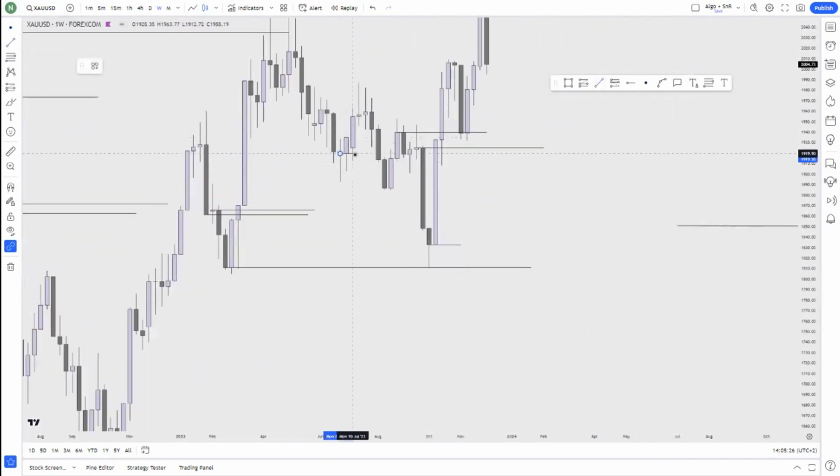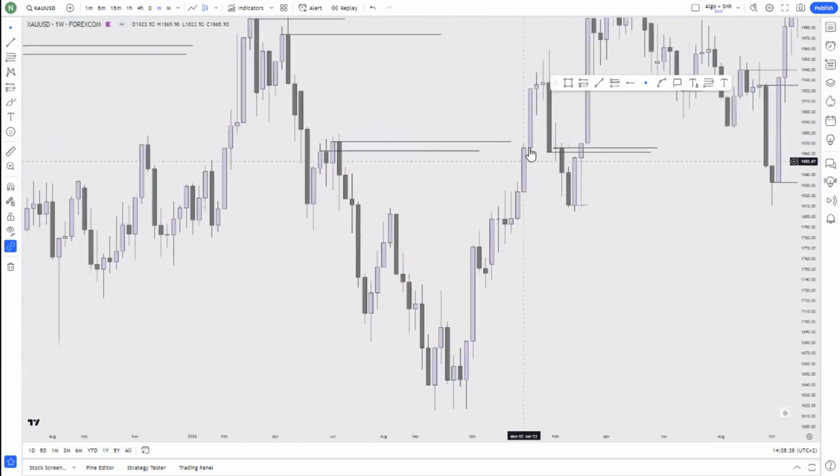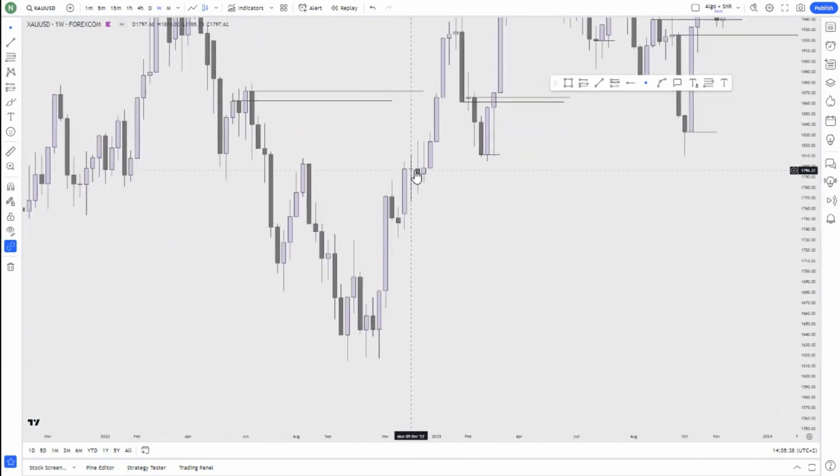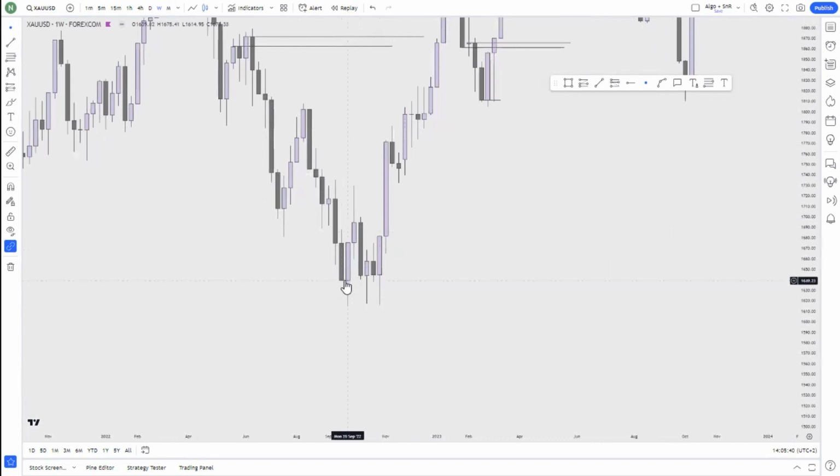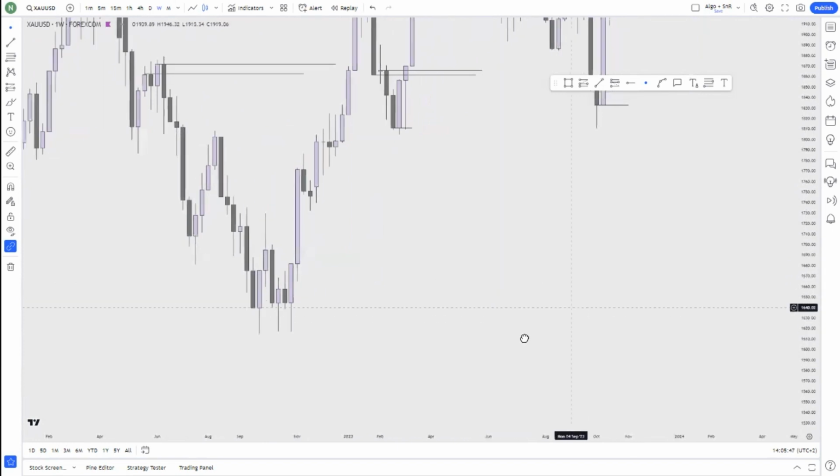Then this is going to be your support too. Bearish candlestick first, bullish candlestick after. This is going to be your support again right here. Bearish, bullish. Then after that, bearish right here, then bullish. Then this is going to be your support. So that's how you mark it out.